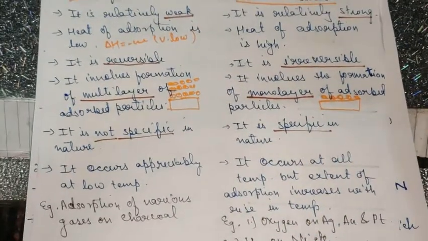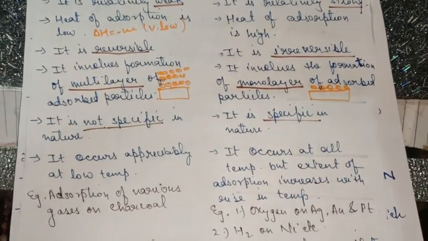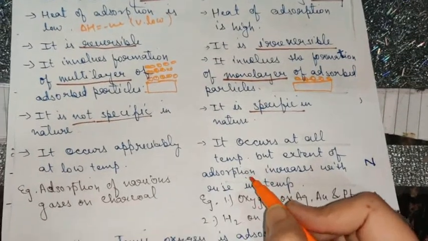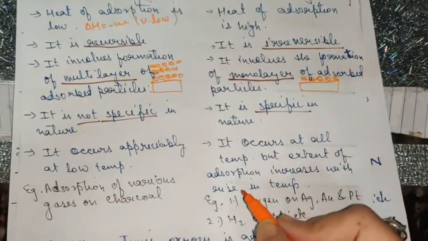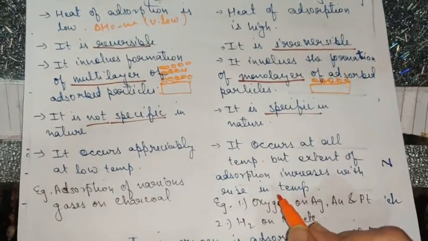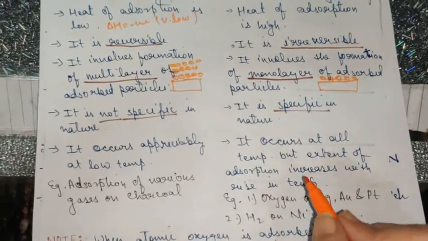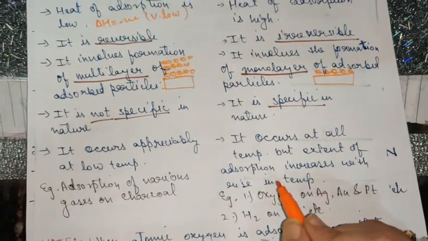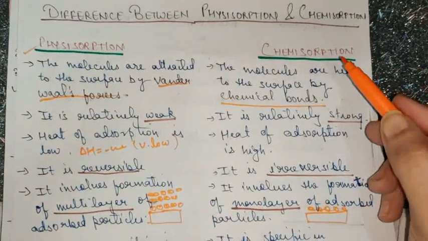Now for this you need to recall a concept of kinetics. You learnt in the chapter chemical kinetics, where you learnt about the factor affecting the rate of reaction. So temperature was one of the factor. When temperature increases, the rate of reaction increases. So similarly here also chemical bonding is taking place.